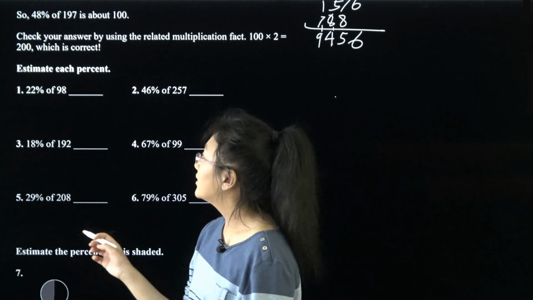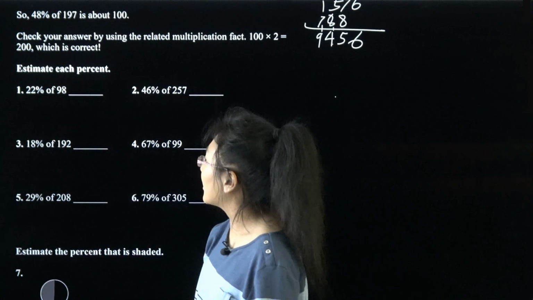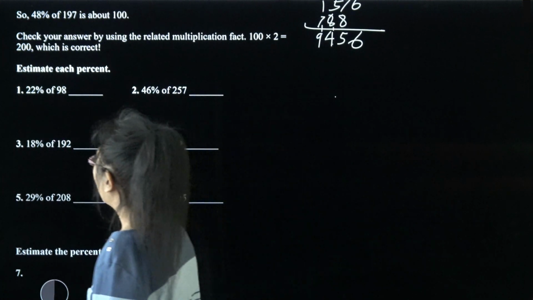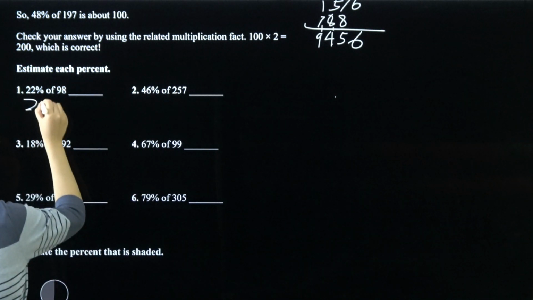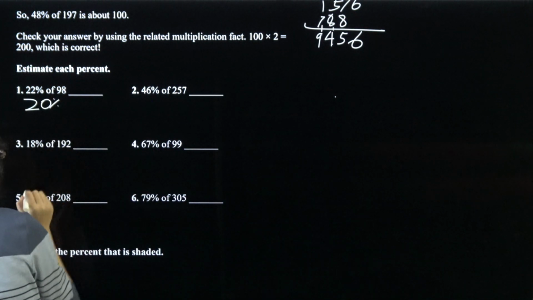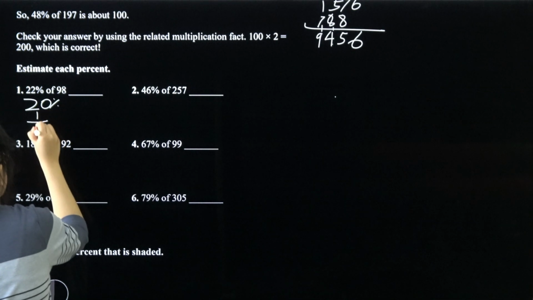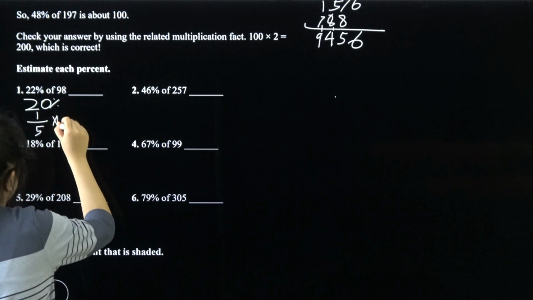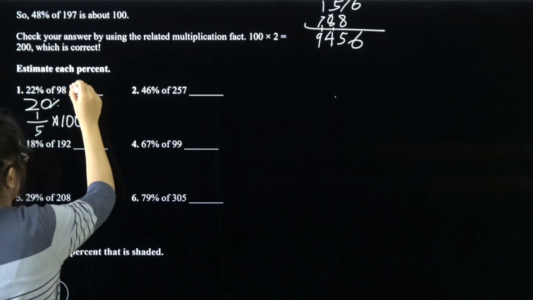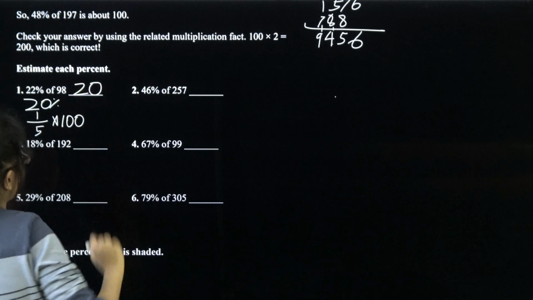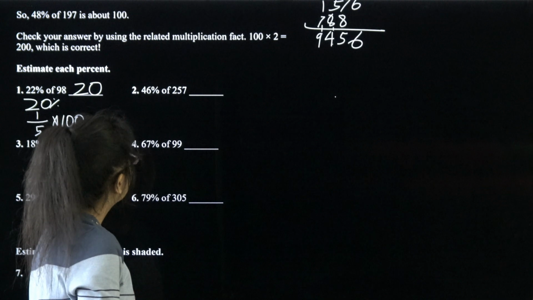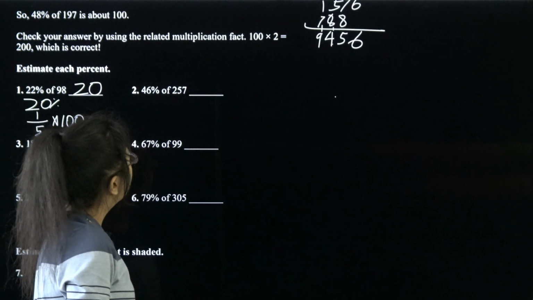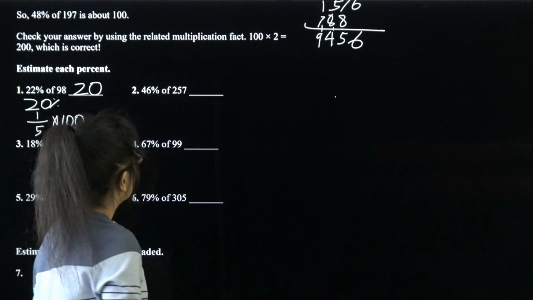Estimate each percent. So 22% of 98. So 22% is around 20%, which is 1/5, and 98 is around 100, so 1/5 of 100 is, well, 20. So that would be around 20. 46% of 257.